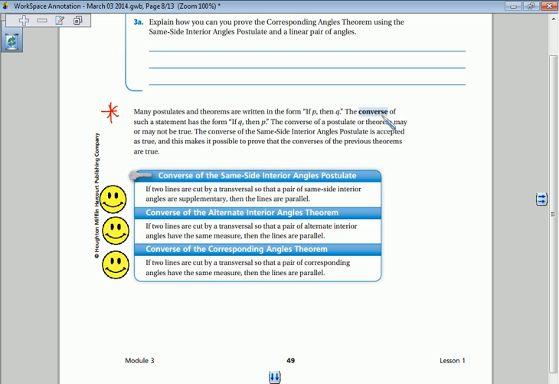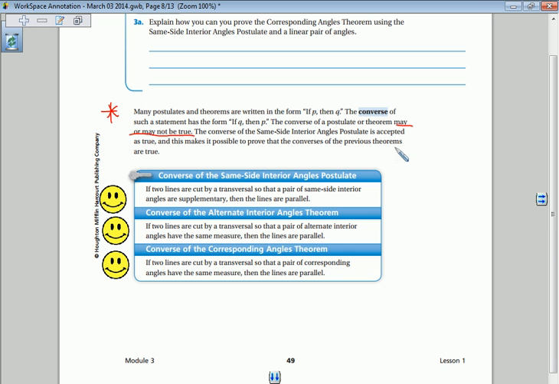So, the converse of one of these statements is where we switch it. If Q, then P. Now, a converse of a postulate or theorem may or may not be true.